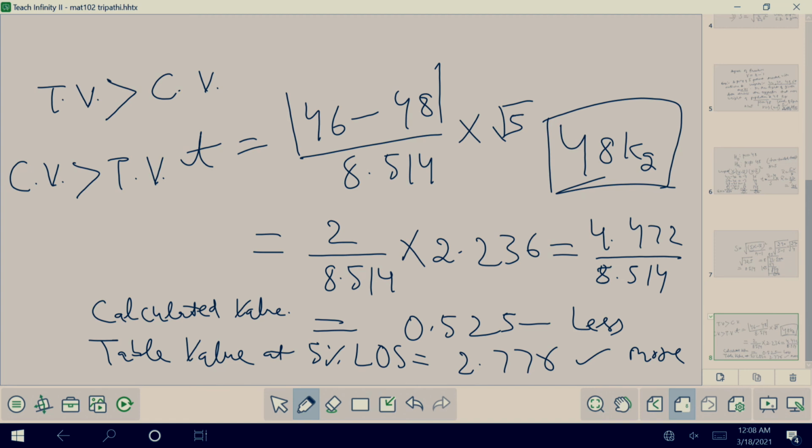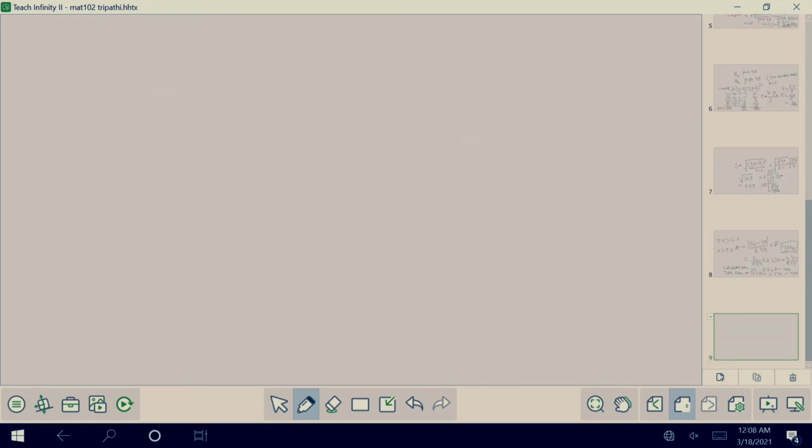Okay. Now, this is about your one sample test, and you can do another example also. So, there is another example.